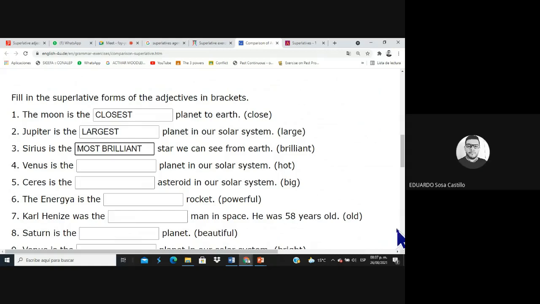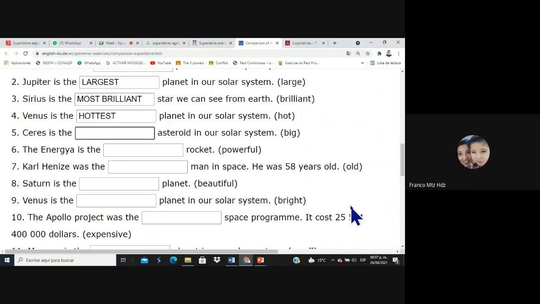Venus. Venus is the hottest planet in our solar system. Ceres is the biggest asteroid in our solar system.